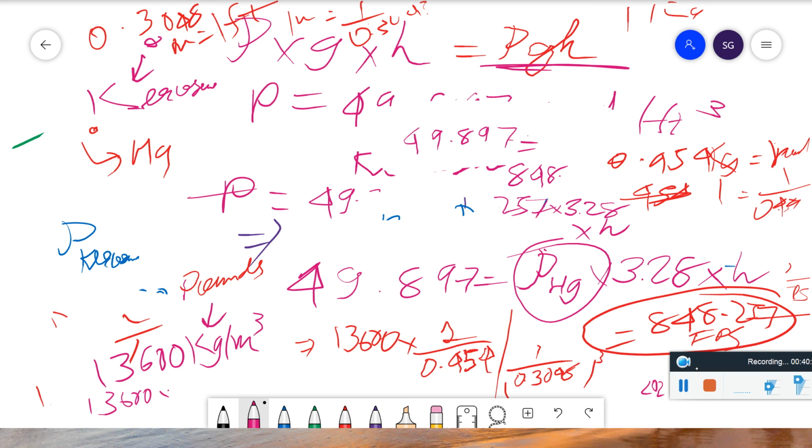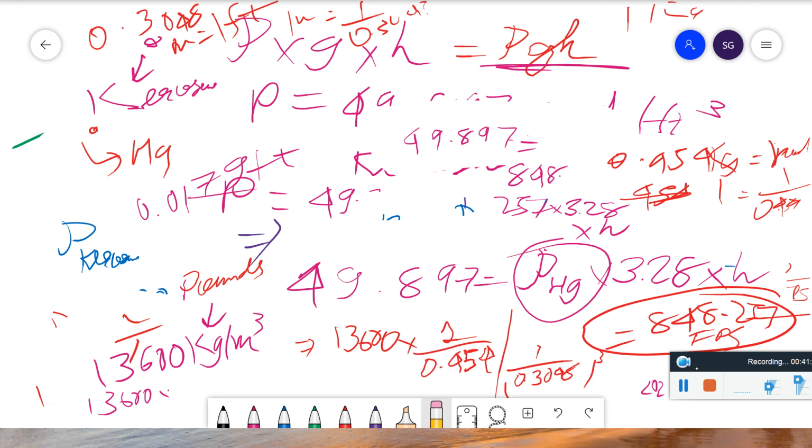That will be 0.9 feet, and we can find out 1.5.